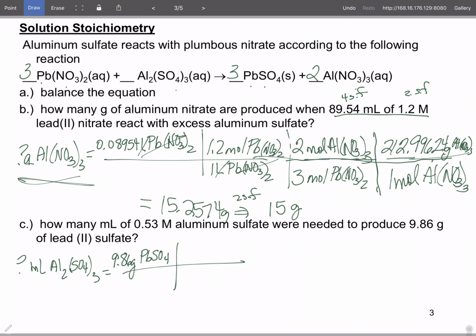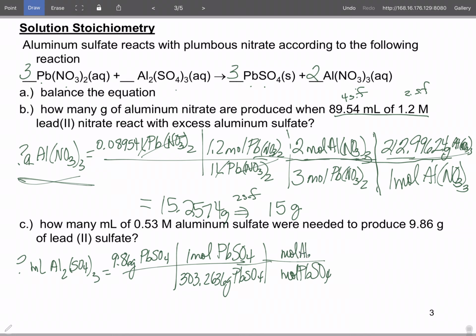If I go back and look, I probably have it: 303.2636 grams of lead sulfate per 1 mole of lead sulfate. If we look at the equation, we have moles of lead sulfate, and this time I'm going to double check where I'm going: moles of aluminum sulfate. Aluminum sulfate is 1, lead sulfate is 3. So we're down to moles of aluminum sulfate.